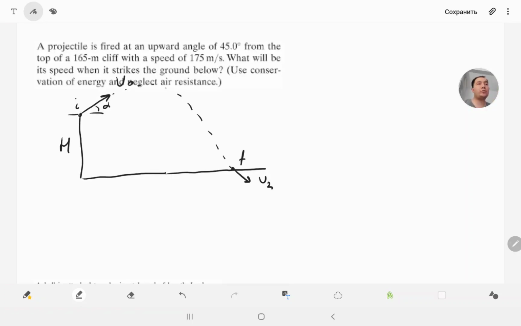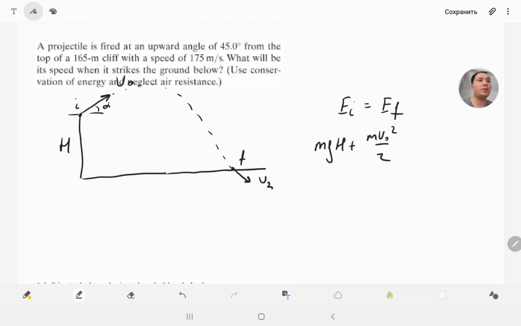If you try to solve this using kinematics, motion in two dimensions, I'm sure you need to write three or four equations. But by using conservation of energy, we can solve it with just one equation. Initially we have potential energy, mg times height, and of course we have kinetic energy. Direction is not important; it has a velocity V0, so it has kinetic energy.